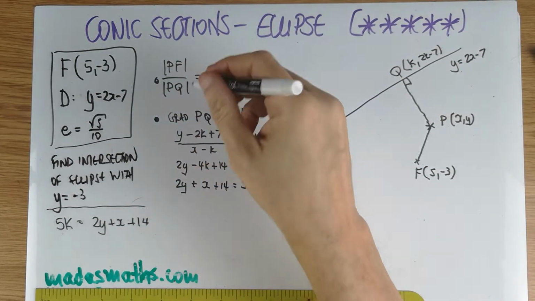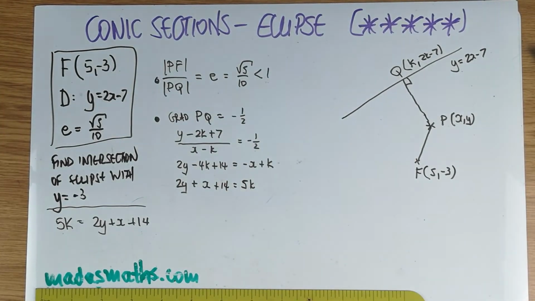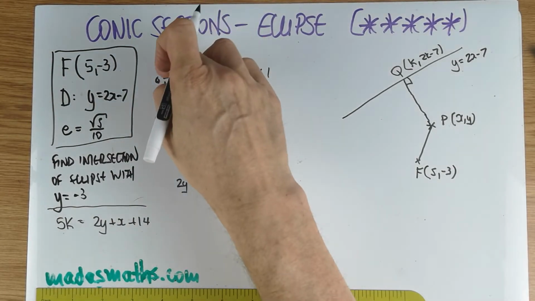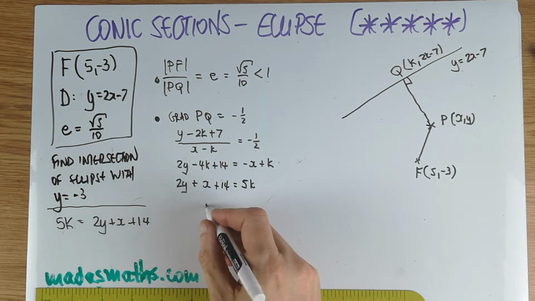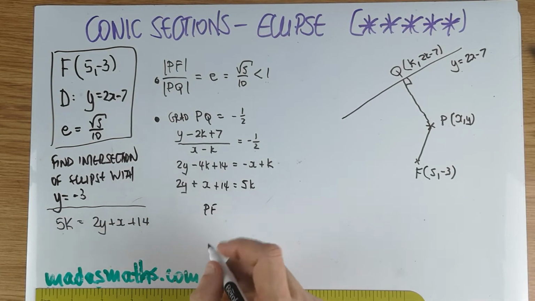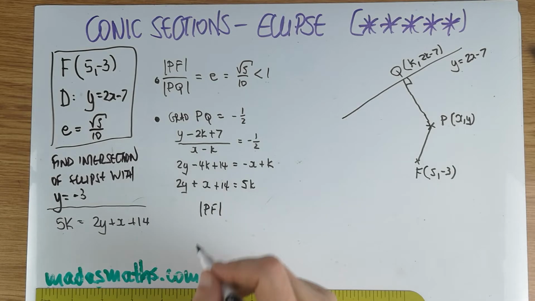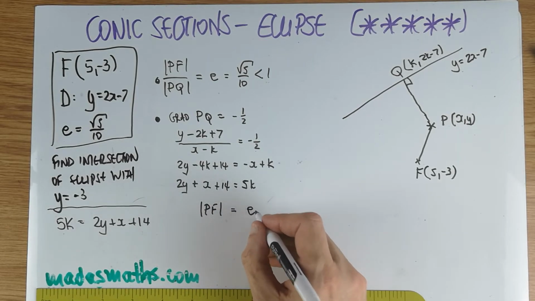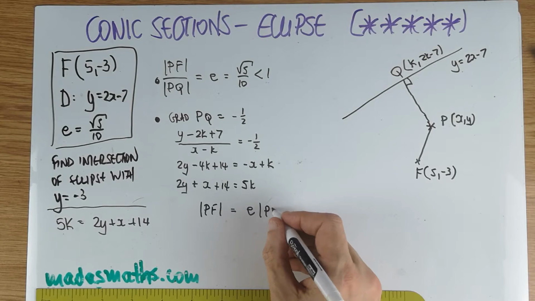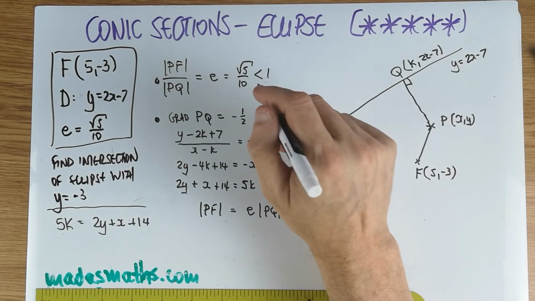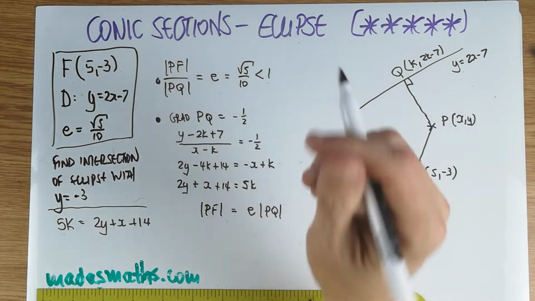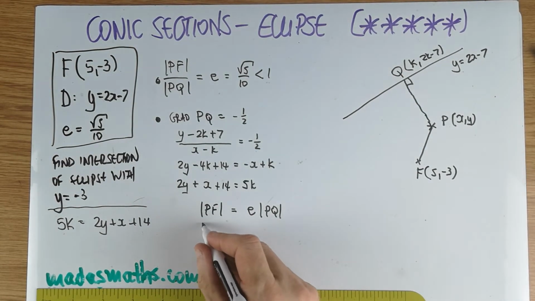Now we're going to start making use of this fact. The length of PF is equal to e times the length of PQ. I'm leaving e as e because I don't want to substitute the value straight away. And then I'm going to square it.